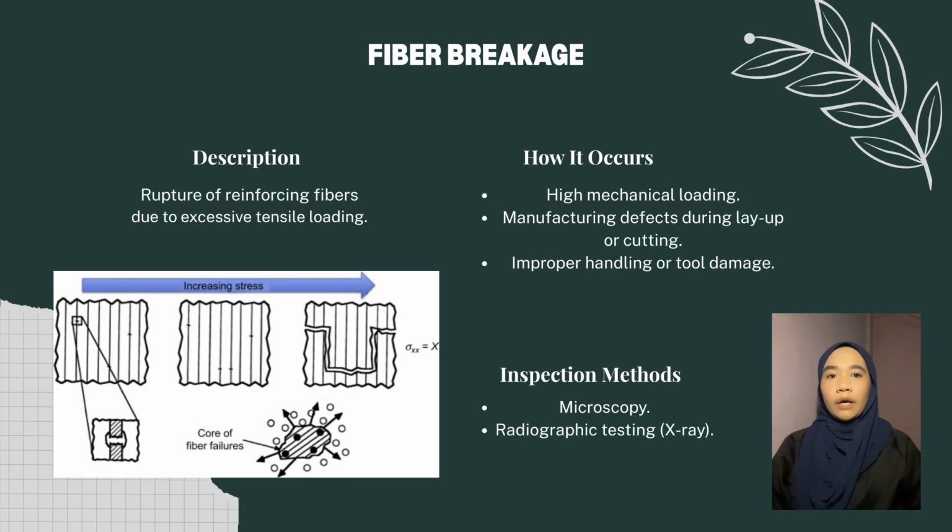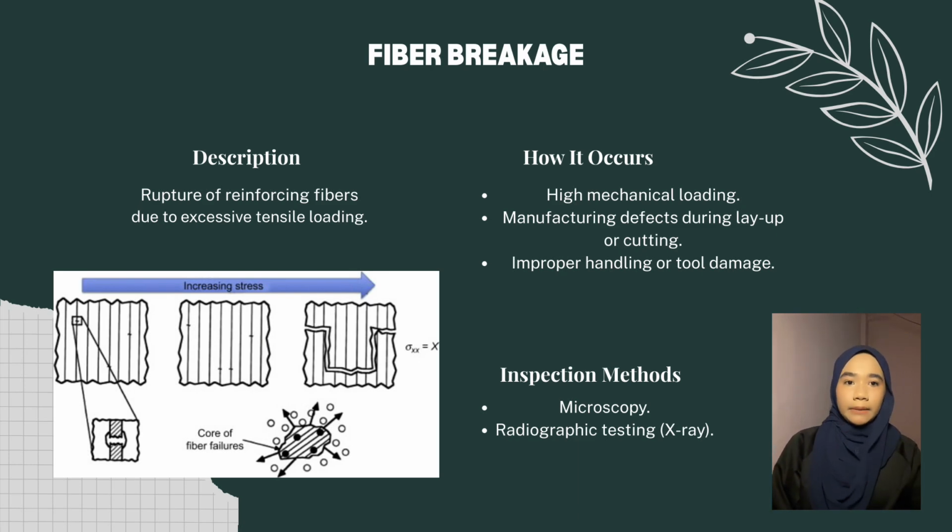For how it occurs, first is high mechanical loading. It is because of overloading the material beyond its design limit. The second one is manufacturing defects, which are errors during the layup process or cutting that cause weak spots. And the third is improper handling or tool damage, because of careless handling or using tools that damage the fibers.